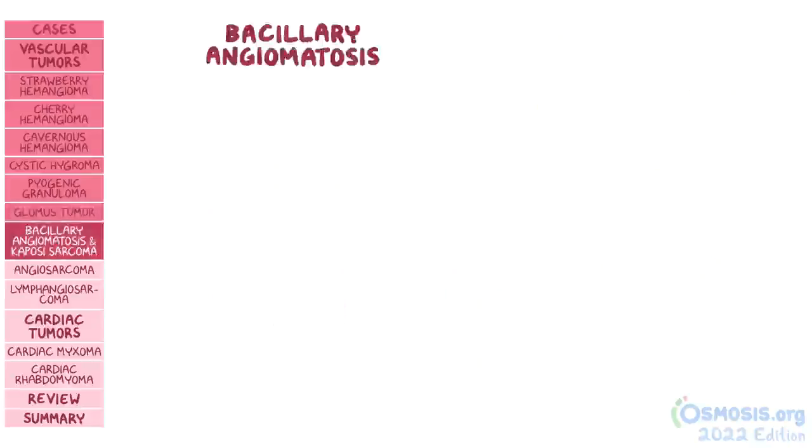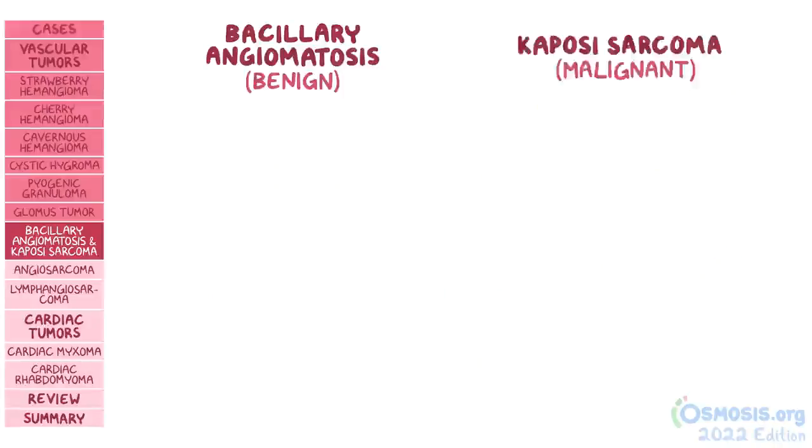The next two tumors are associated with HIV. There's bacillary angiomatosis, which is benign, and Kaposi sarcoma, which is malignant. Bacillary angiomatosis is not technically a tumor. It's an infection caused by the gram-negative bacillus Bartonella henselae.